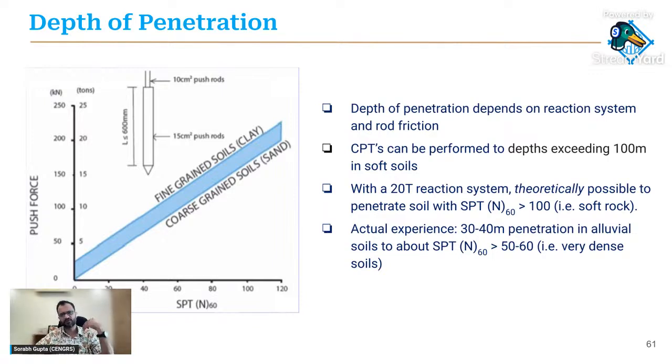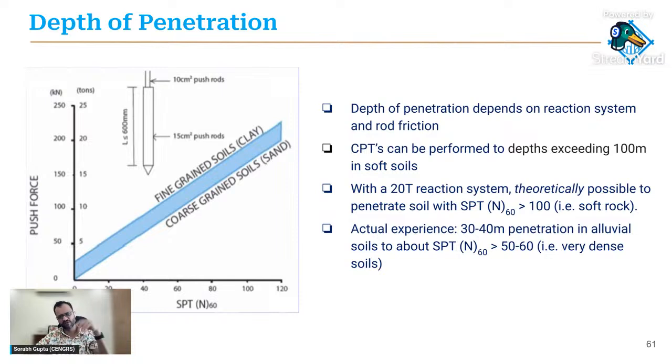That said, our experience is in most of alluvium locations in North India, we've done now possibly more than 2,000 tests. So our experience is, at most sites, we are able to push to 30 to 40 meters easy. We only get refusal in areas where you have a very hard strata, say in N values of more than 75 to 100 ballpark, or if you get rock, obviously you get refusal.